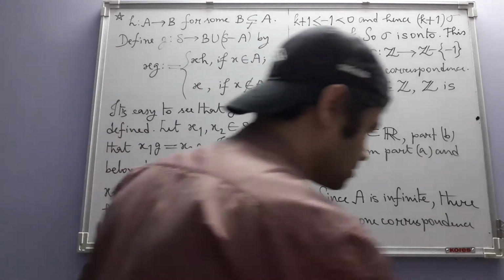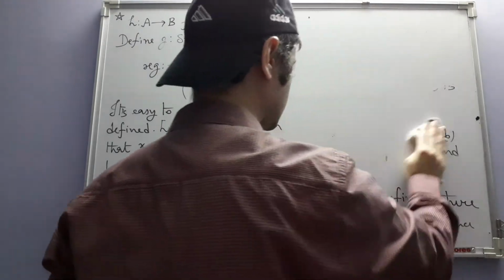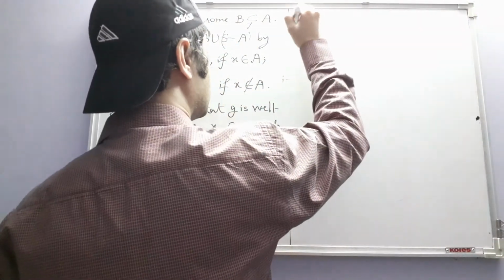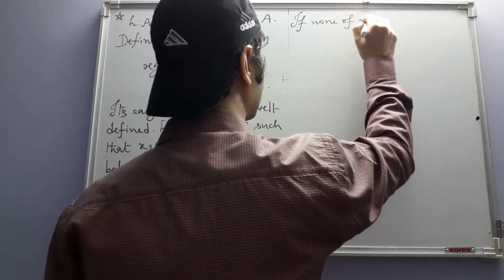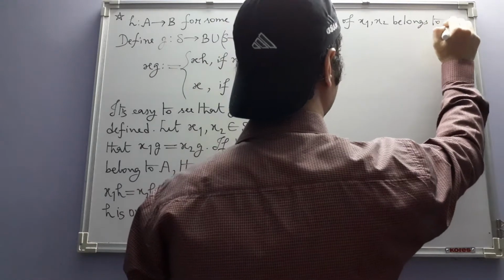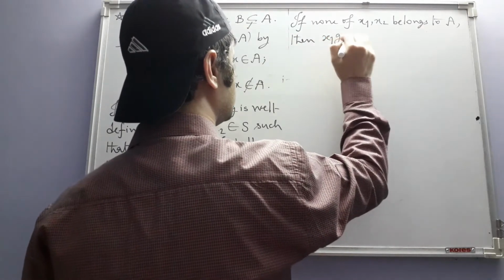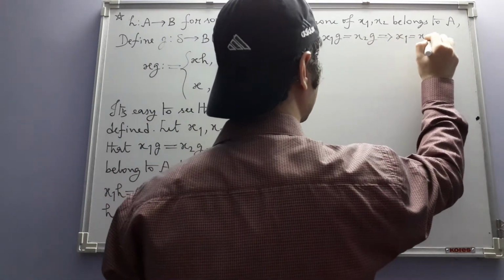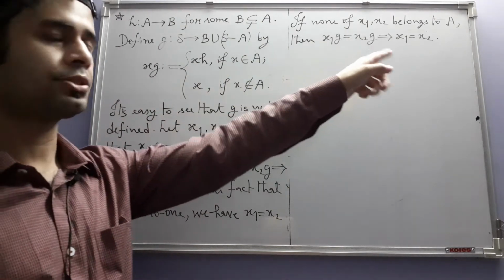Now we go to the other extreme case. None of these two things belong to A. If none of these two belongs to A, then x1g equal to x2g directly implies x1 is equal to x2, because that's what they are now. x1g is x1, x2g is x2.